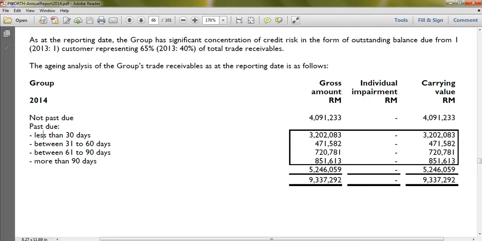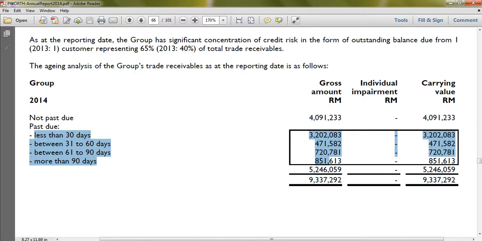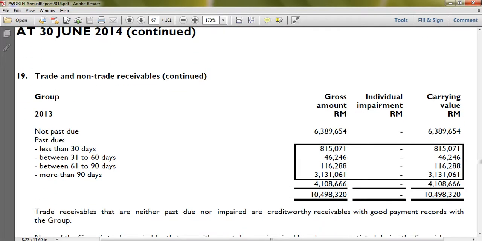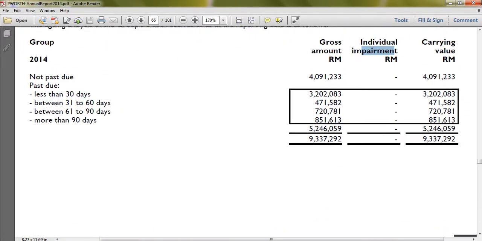So these are the things that they mention about impairments. Cost amount, carrying values, 2014, as you can see, 30 days. Luckily not so many. They're collecting the debts, it's quite efficient.